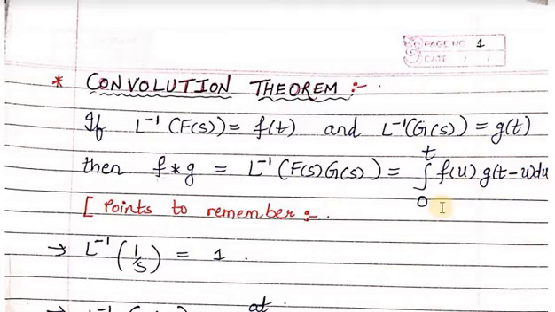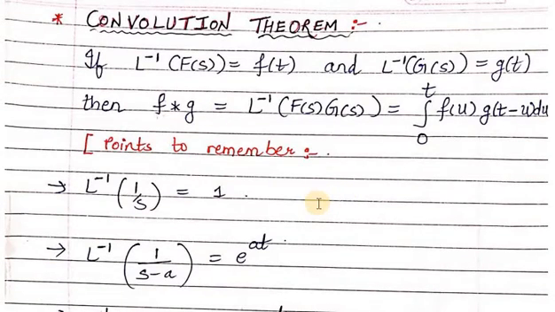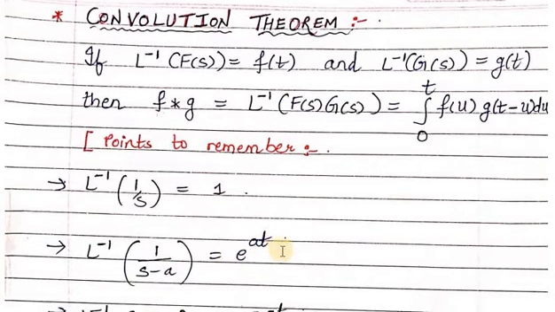So with the help of this theorem we can find out the inverse Laplace of f of s into g of s, okay? For this purpose you have to remember some formulas, right? L inverse of 1 over s is 1. L inverse of 1 over s minus a equals e raised to at.